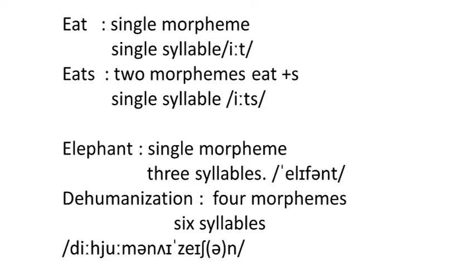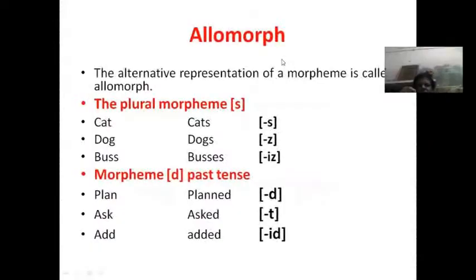When we discussed morphemes in the earlier videos, I told you that it is very difficult to define morphemes, and we defined them based on their characteristics or salient features.